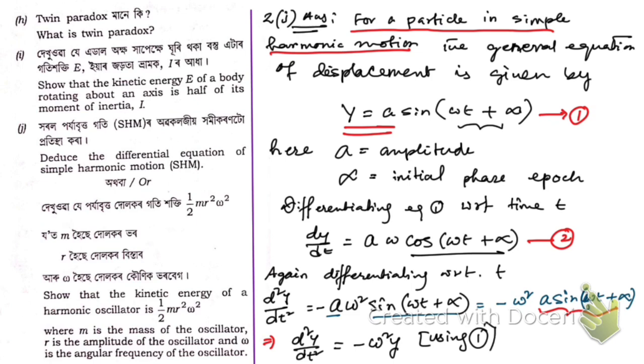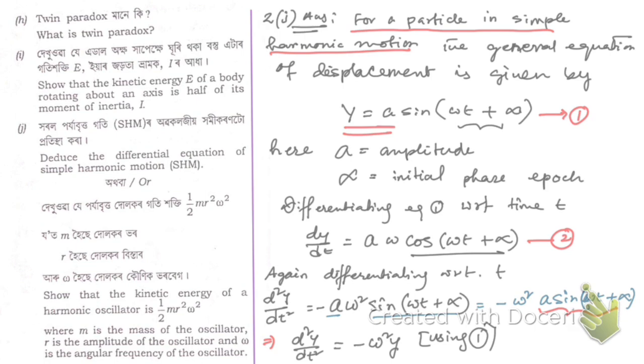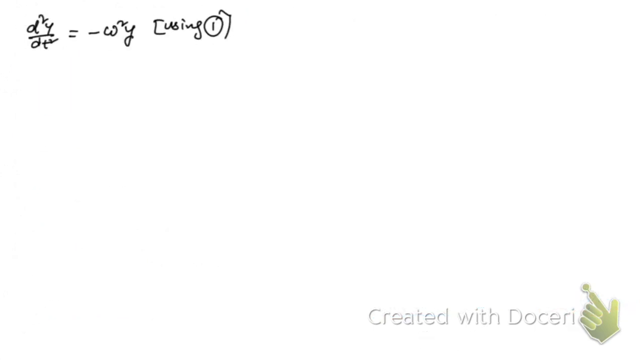So now let me go to the next slide. So here is the new slide. This is the last equation we have got, and if you simplify this and bring this to this side, then you're going to get the second order derivative of y with respect to time t plus omega square y is equal to 0.